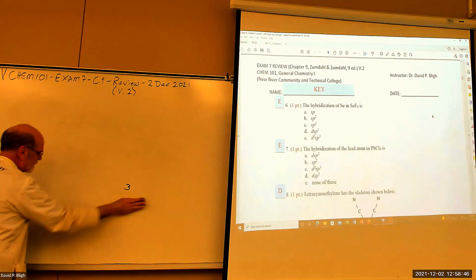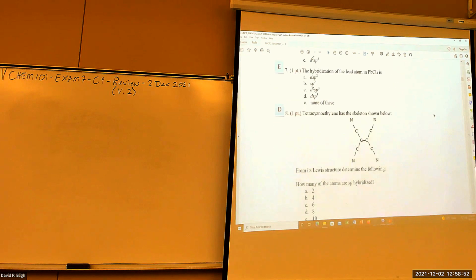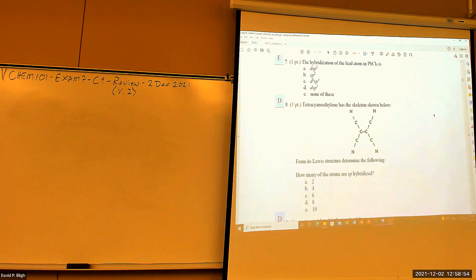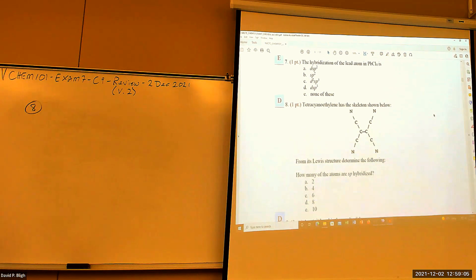All right. The next one, I definitely want to get this one. Okay. Number 8. The name of this compound is tetracyanoethylene. If you had organic chemistry, you know how to write the compound from the name.